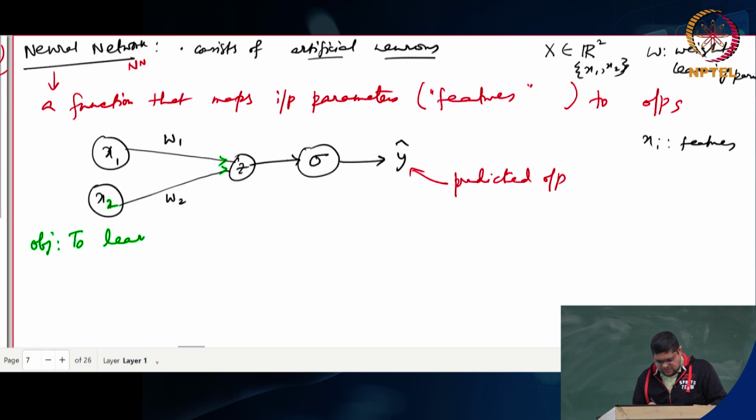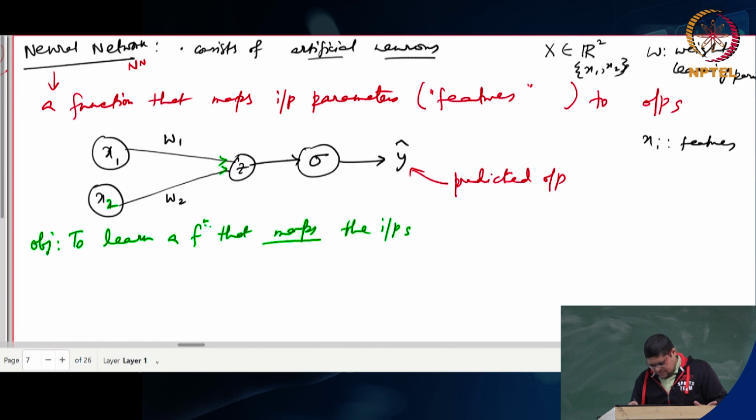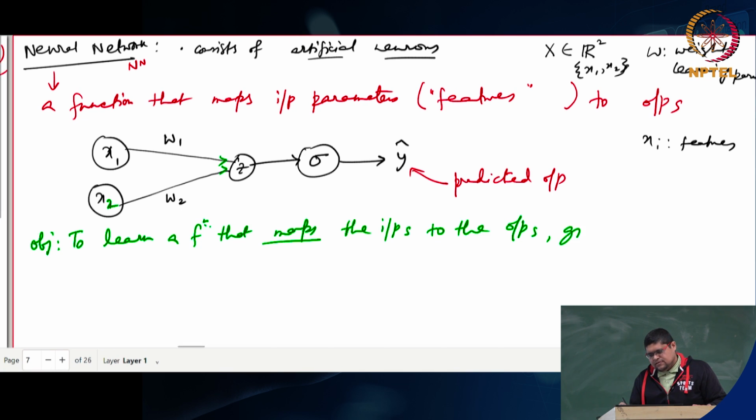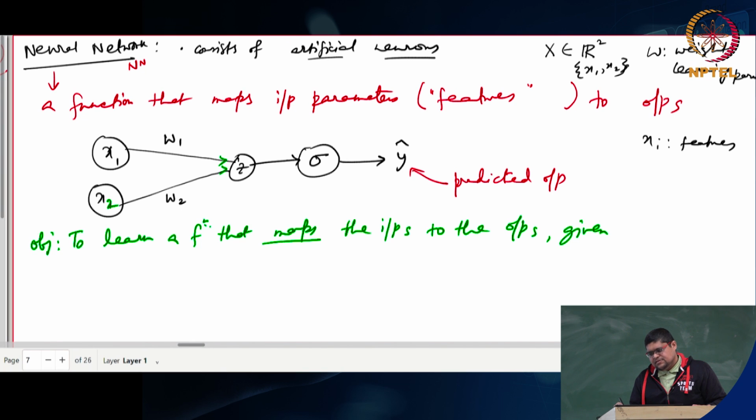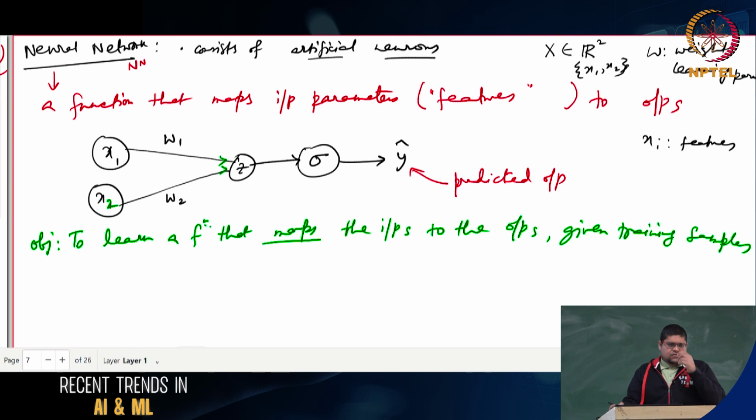To learn a function that maps the inputs to the outputs given some training samples. Okay, you should have some training samples, right?